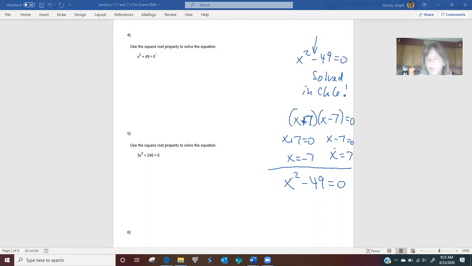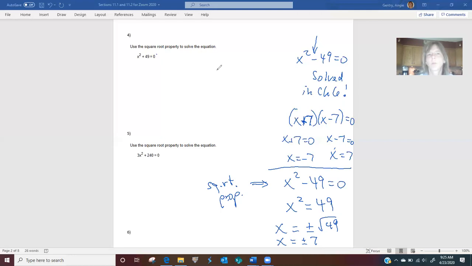So if I said to you, solve this using the square root property, then you would say, what do I do? First, I need to isolate the something squared. And then I need to use the square root property, square root plus minus. So it's x is plus or minus the square root of 49, which means x is plus or minus 7. You see, that's the same exact thing as if you factored.